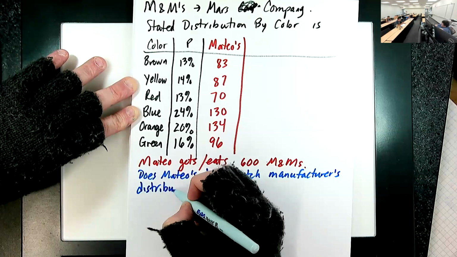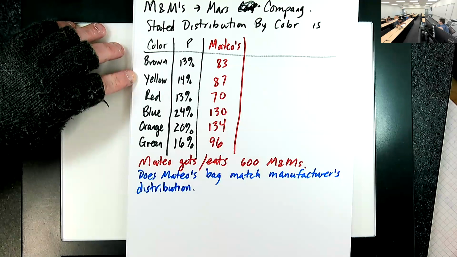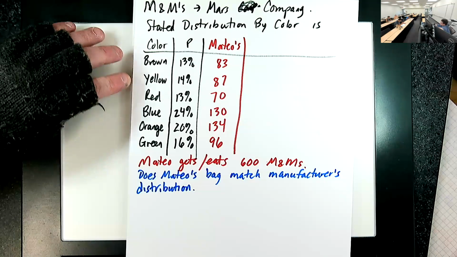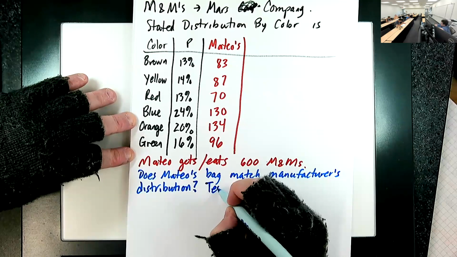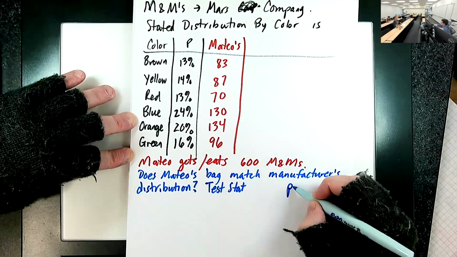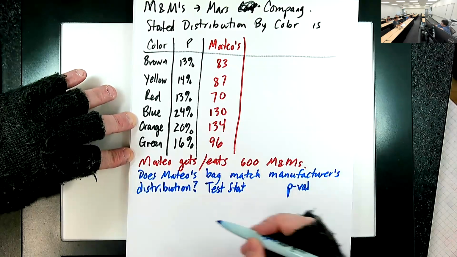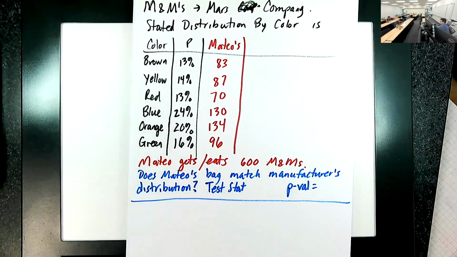This is the question you will get. This is the kind of data you will get. You will also be given the test stat and the p-value.